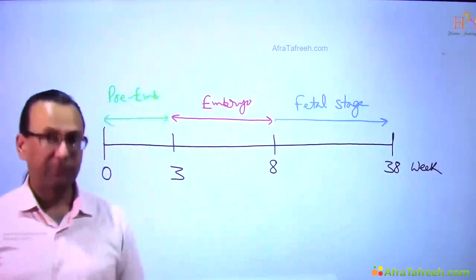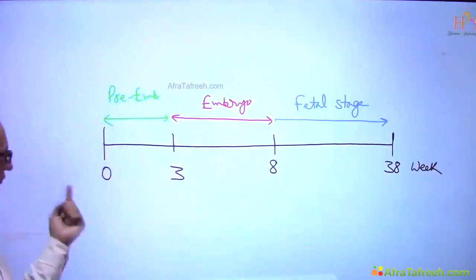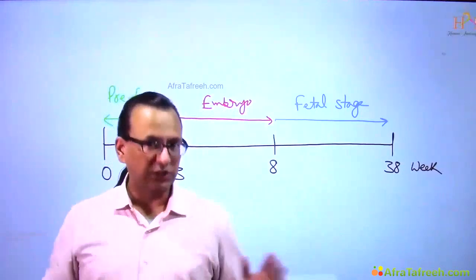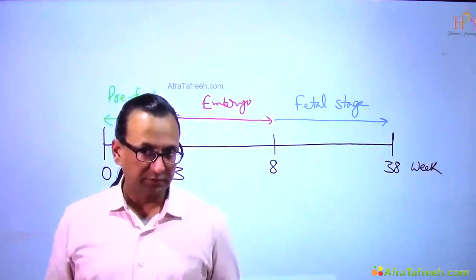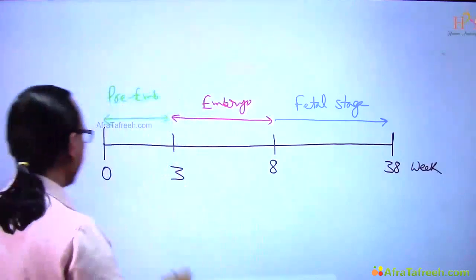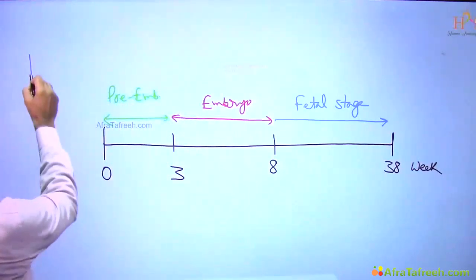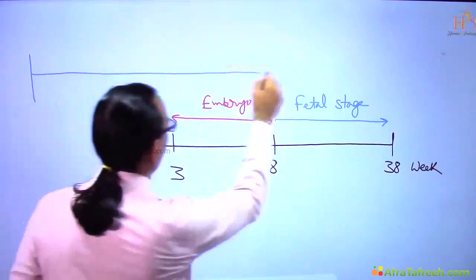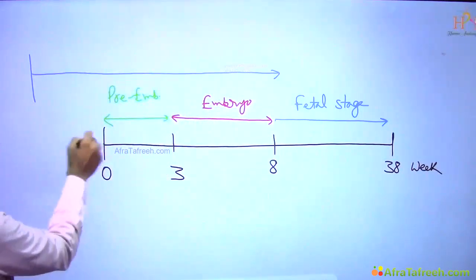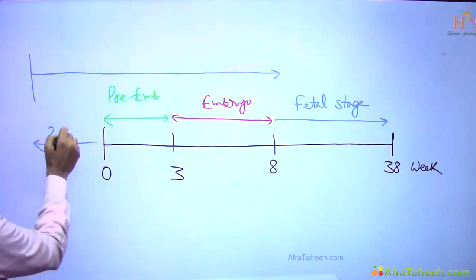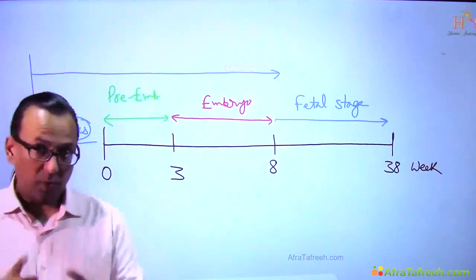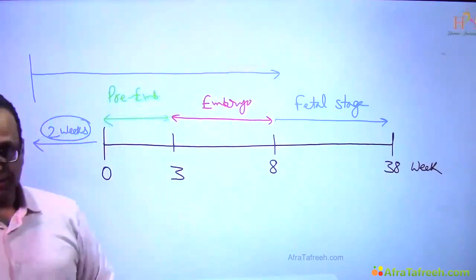But now be careful, because if you are calculating from the last menstrual period or gestational age, then there will be a difference. What will be the difference? See, if I am calculating from the gestational age, then it will be different, because gestational age is 2 weeks prior. So if you say it is 2 weeks prior, what about the fetal stage then?